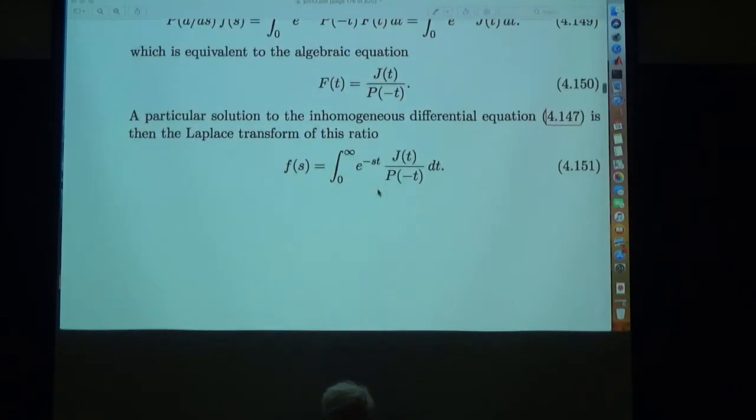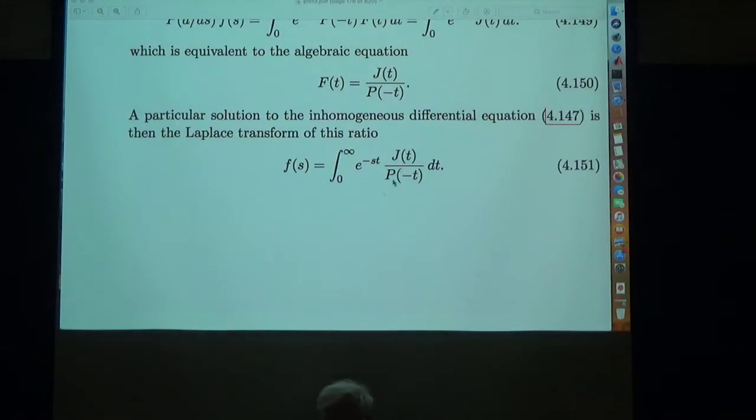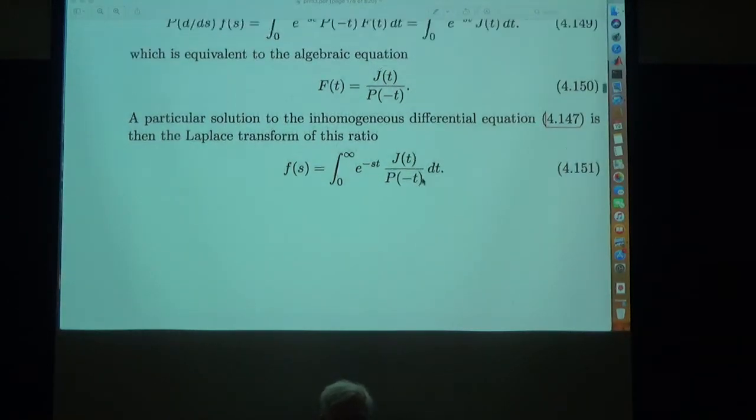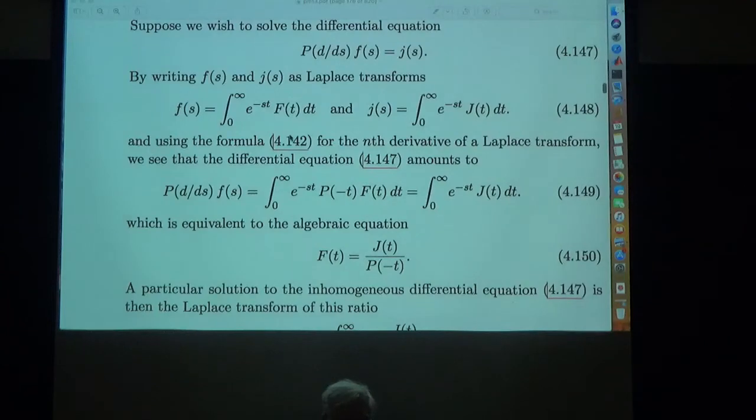So the solution, or a particular solution of the inhomogeneous differential equation, is f of s is the integral of e to the minus st, j of t over p of minus t. So you're done. Now the hooker in this is you have to be able to know what the Laplace transform of the source function is.